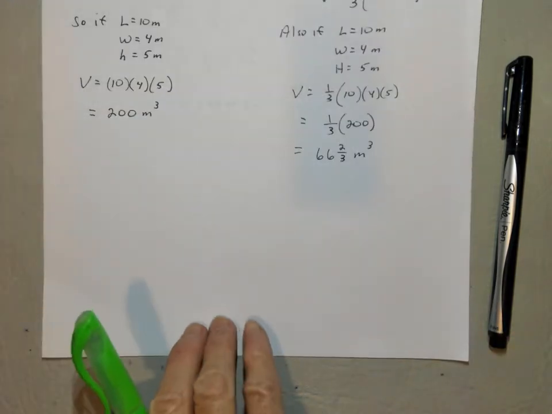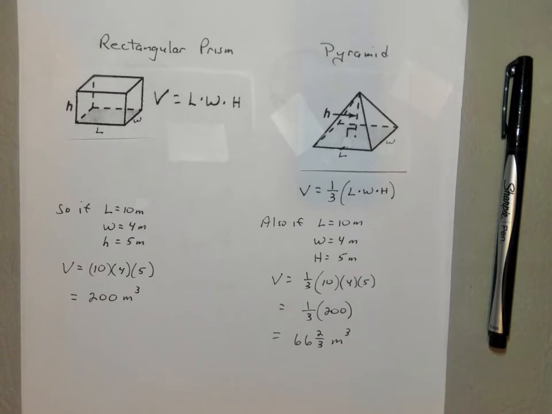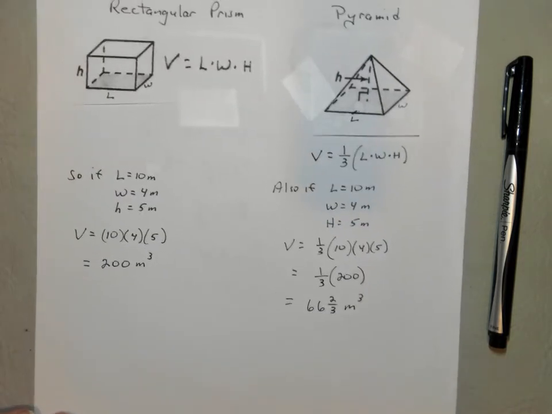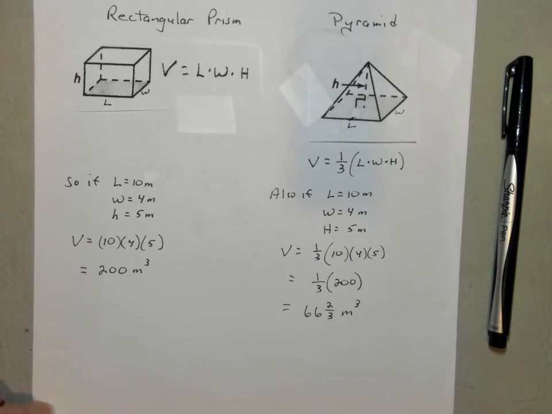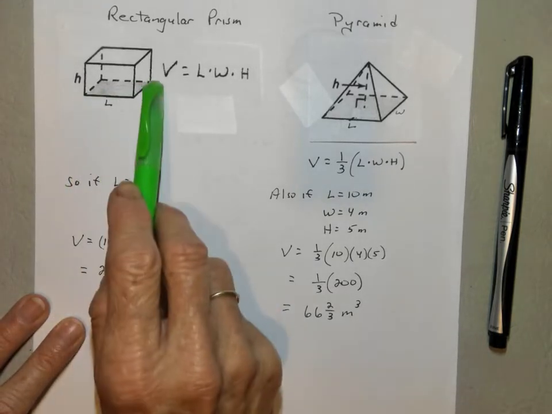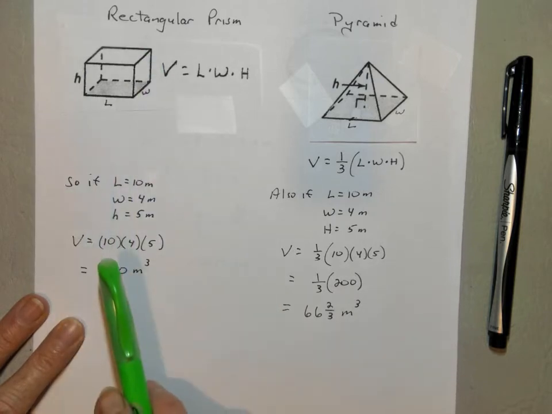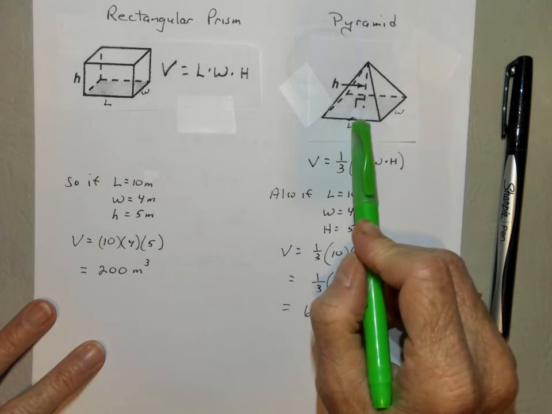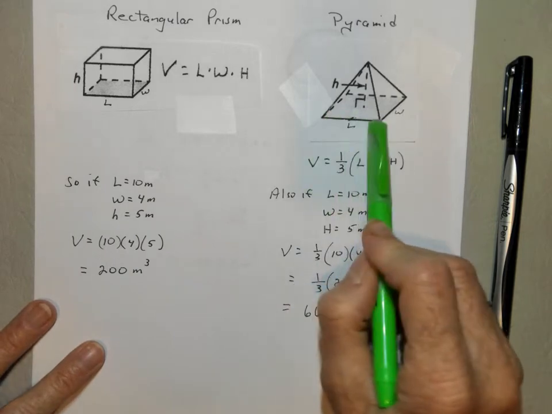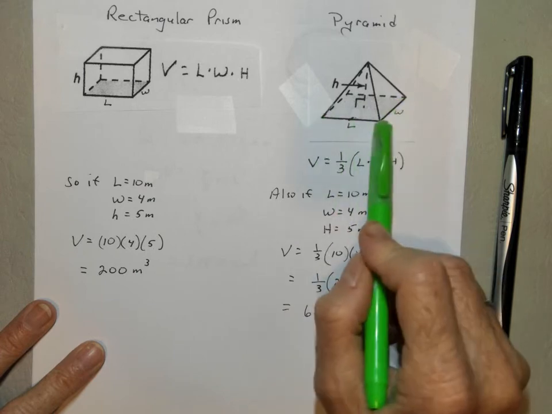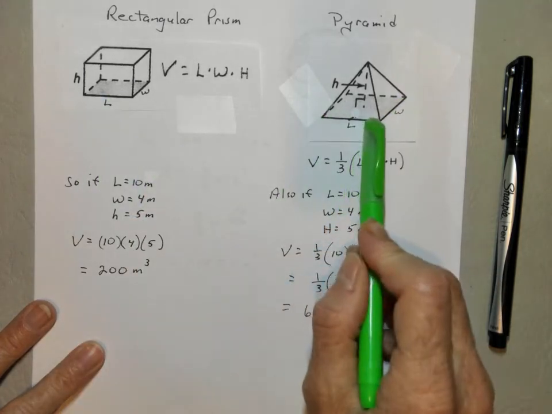Now, if we talk about a rectangular prism and a pyramid, let's talk about those at the same time. Now, the rectangular prism has a volume of length times width times the height. A pyramid, again, has a rectangle at the bottom. This could be a square or a rectangle, because a square is a rectangle.